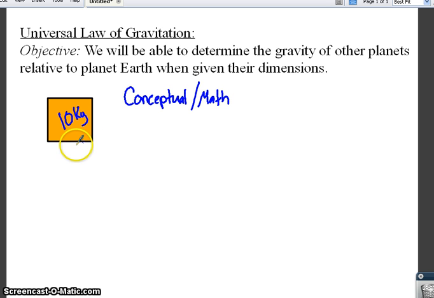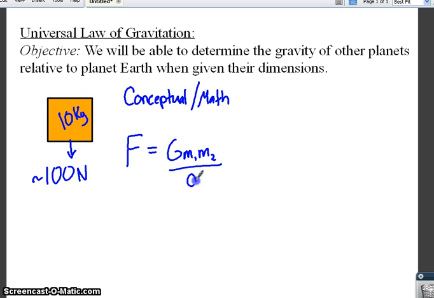So we have a 10 kilogram object on Earth. We know that weight is going to be about 100 newtons. So Newton's law of gravitation says F equals G m1 m2 over d squared. Okay?